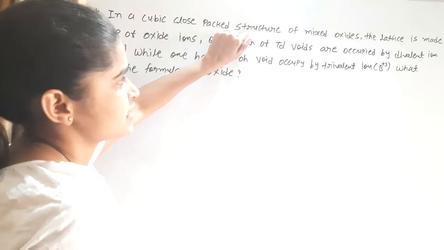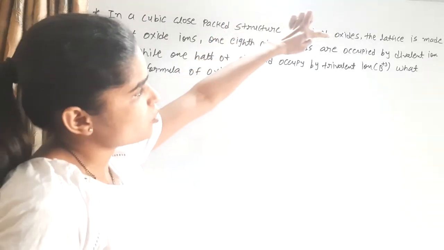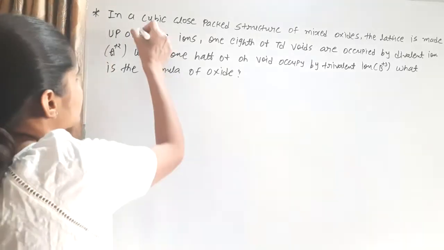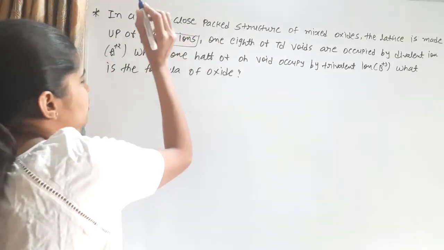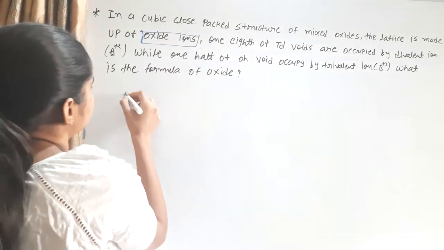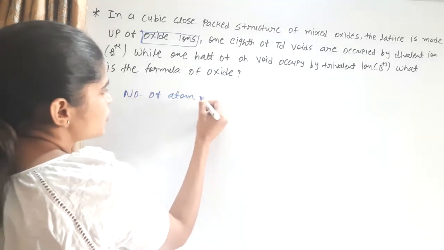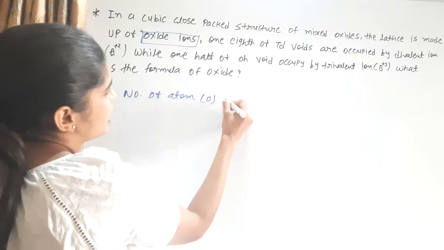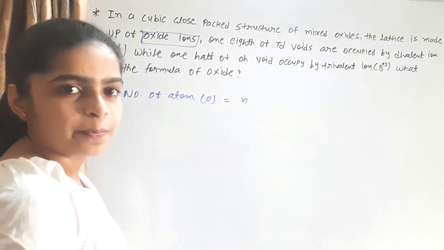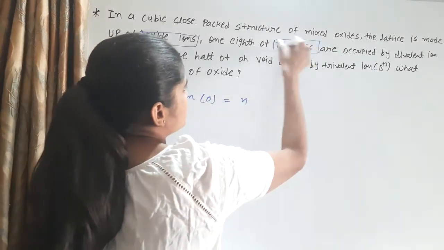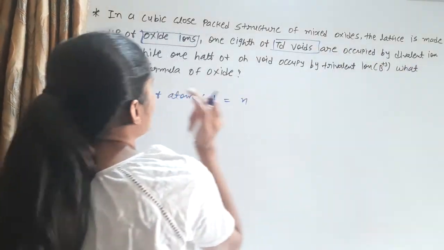Cubic close packed structure of a mixed oxide. The lattice is made up of oxide. So the number of atoms per unit cell for the oxide is equal to n. 1/8 of the tetrahedral voids are occupied by a divalent ion.